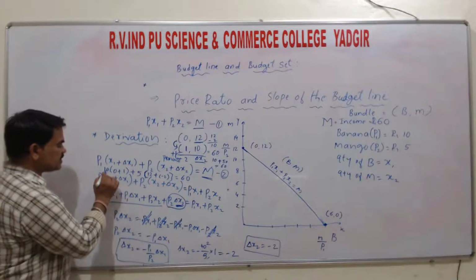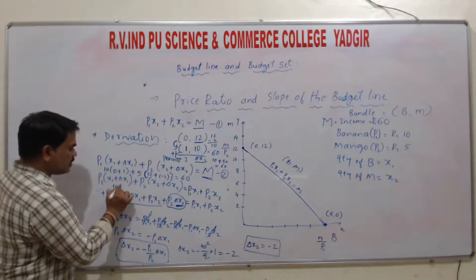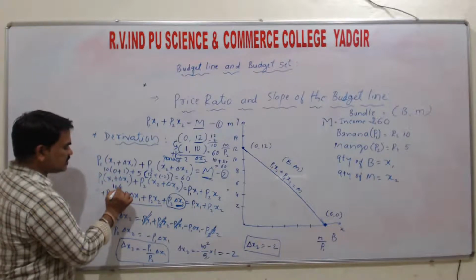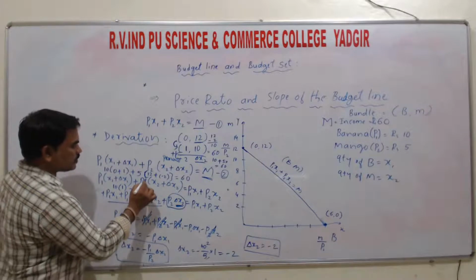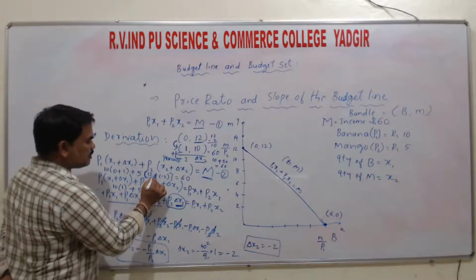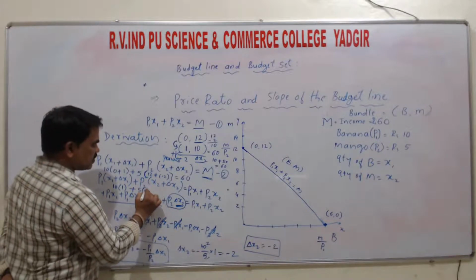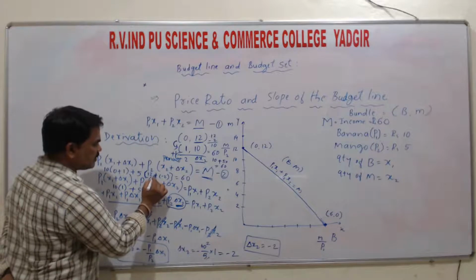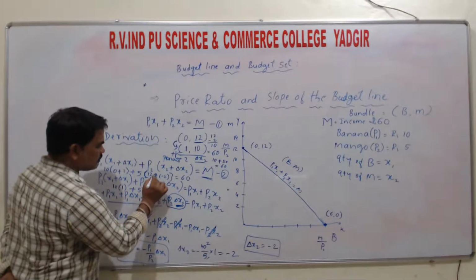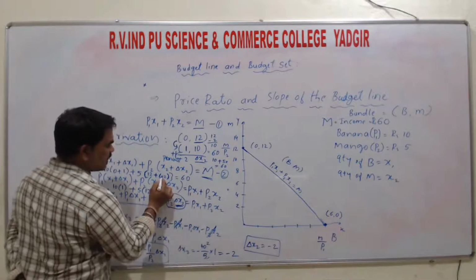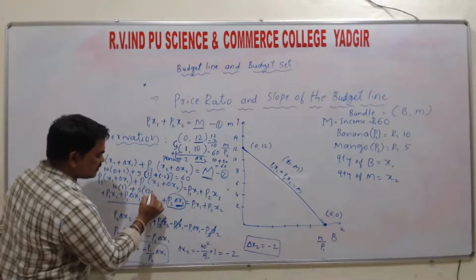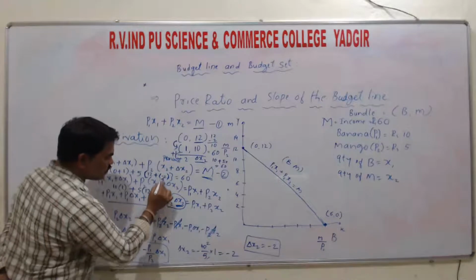Now if you see this, 10 into (0 plus 1) is 1, plus 5 into 12, plus, in brackets, what is the quantity changing? Minus 2. So plus into minus will give minus 2 here.